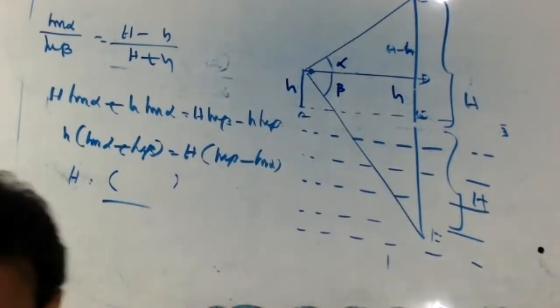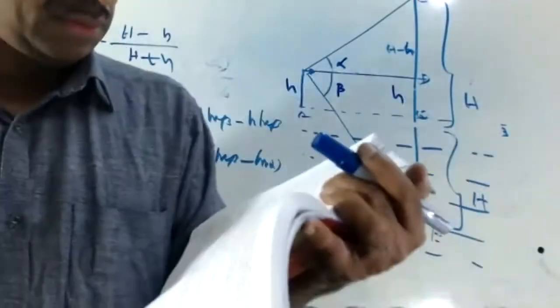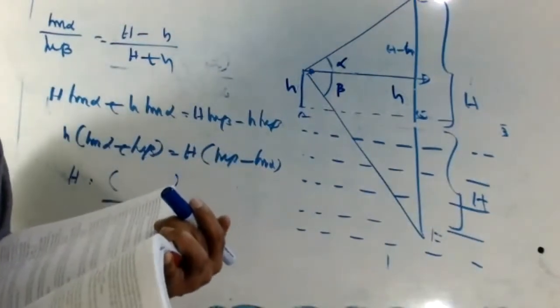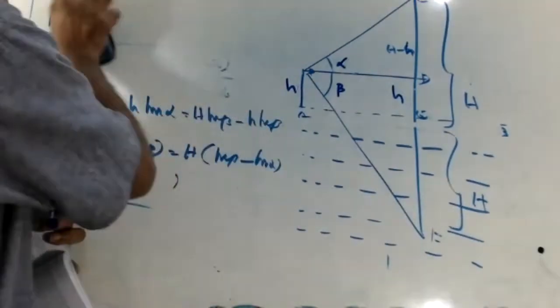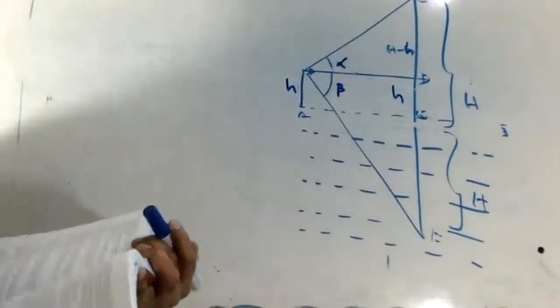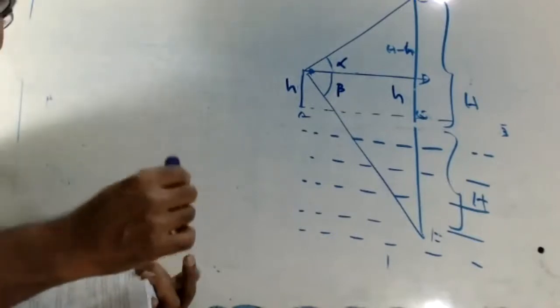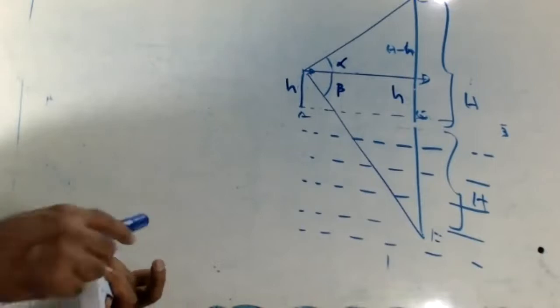And the angle of depression of its reflection in the lake is beta.